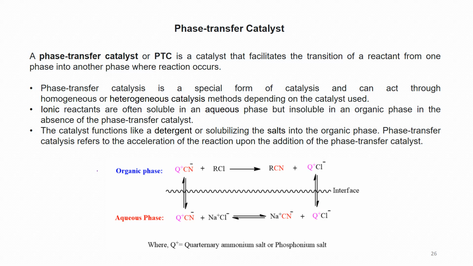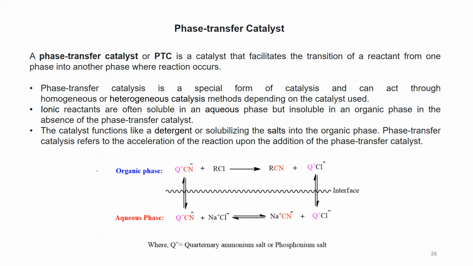A phase transfer catalyst is a catalyst that facilitates the transition of a reactant from one phase into another phase where the reaction occurs. Phase transfer catalysis is a special form of catalysis and can act through a homogeneous or a heterogeneous catalysis method depending on the catalyst used.